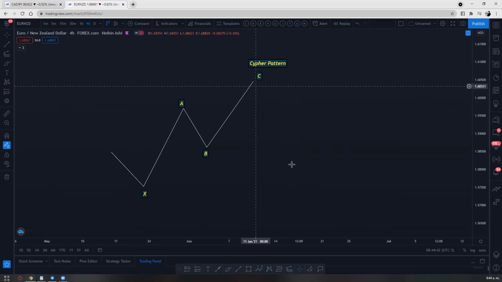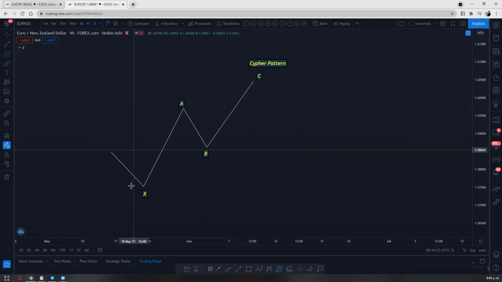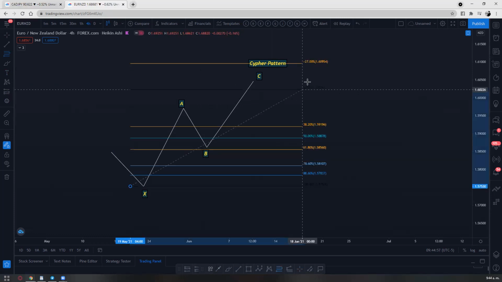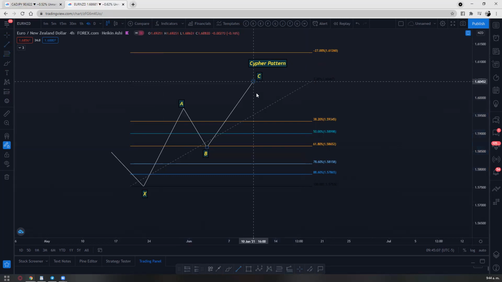Now the pullback or the retracement it is going to be doing, let's see. Use the Fibonacci from X to C, like that. And the retracement has to be touching, if I'm not mistaken, usually the 78.6 zone.